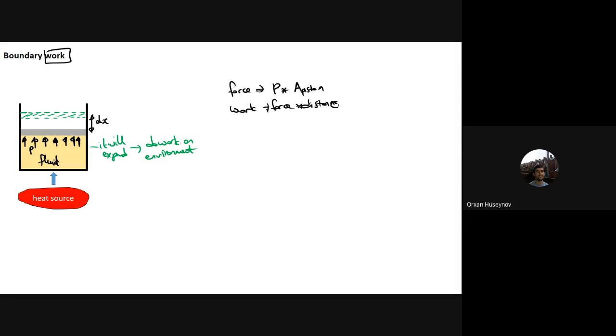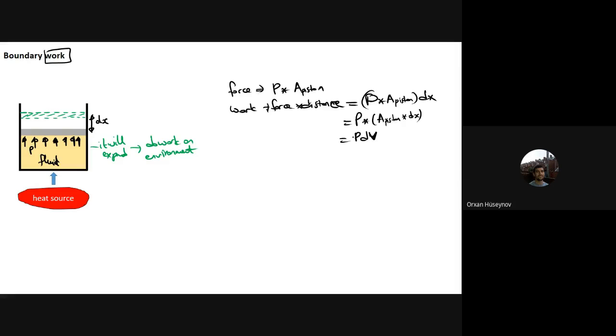In our case, it will be the pressure into the area of the piston multiplied with dx. I can write the pressure as a separate term, and the area of the piston multiplied with dx will be a small volume, which gives PdV.